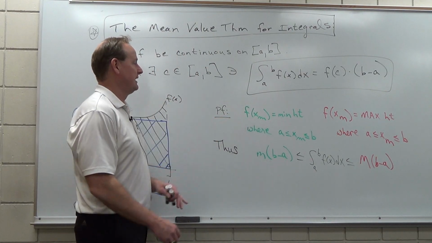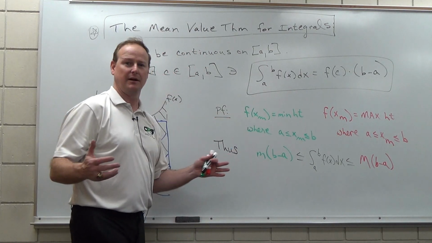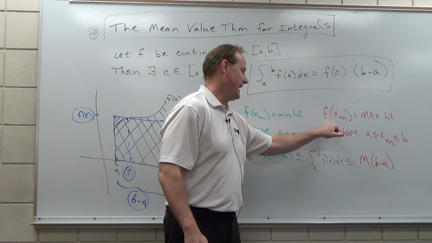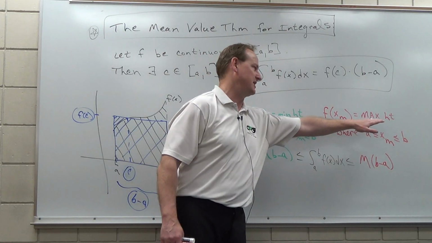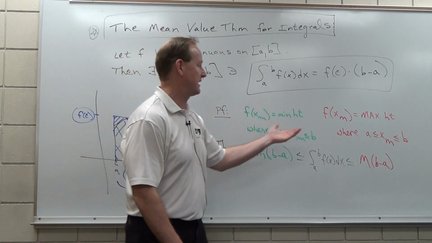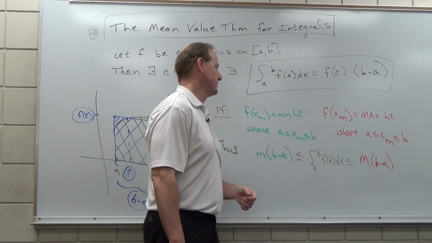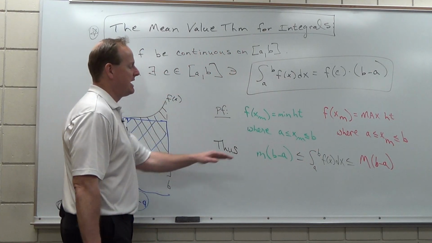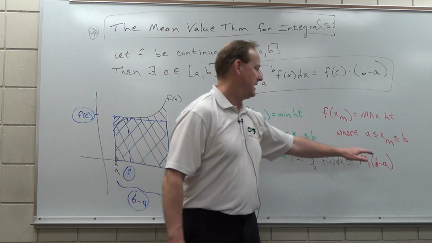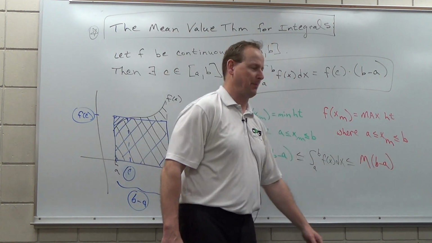So we've got f of x sub little m. That's going to be the minimum height. And we've got f of x sub capital M. That's going to be the absolute maximum height. Of course, because f is continuous on that closed interval, we know there is an absolute max height and an absolute min height. And we also know that x sub little m is in that interval from a to b, and so is x sub capital M, right?